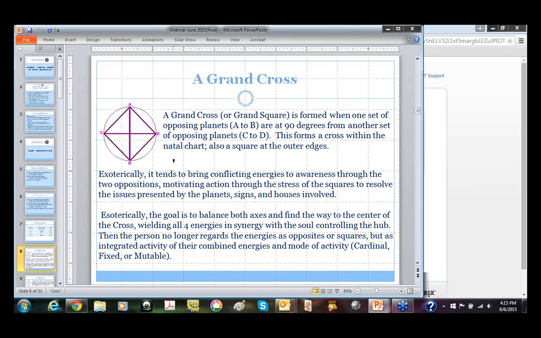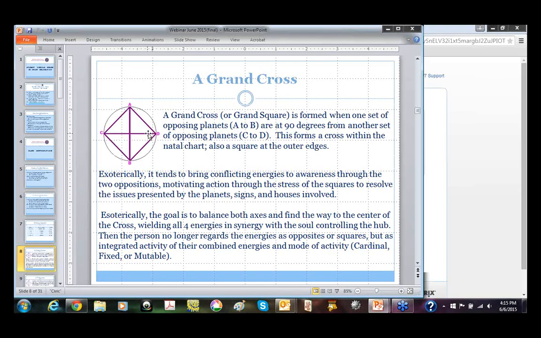Exoterically, it tends to bring conflicting energies to awareness through the oppositions. And then the motivation is through the stress of the squares to resolve the issue that is presented by these planets, signs, and houses involved.